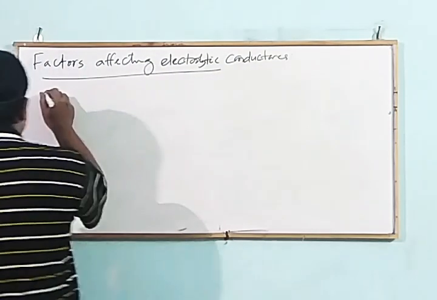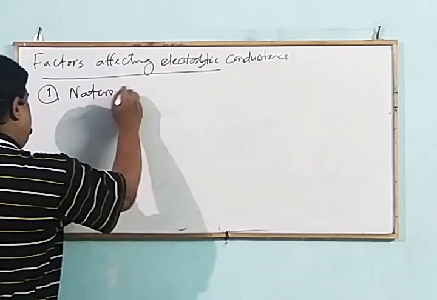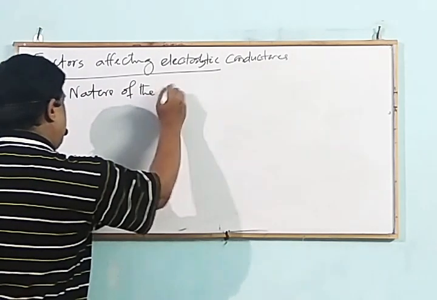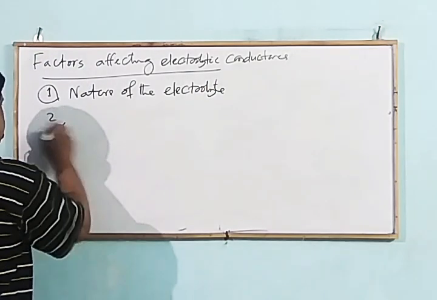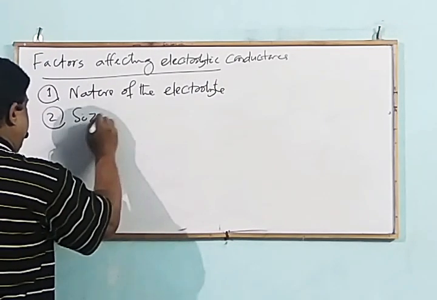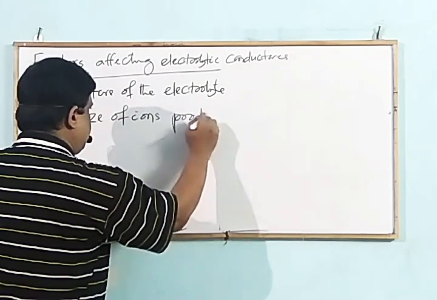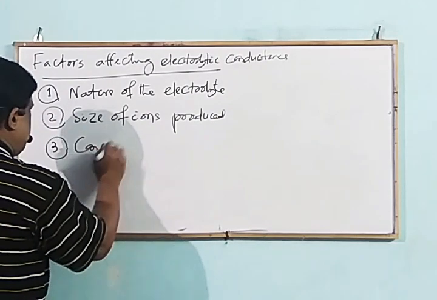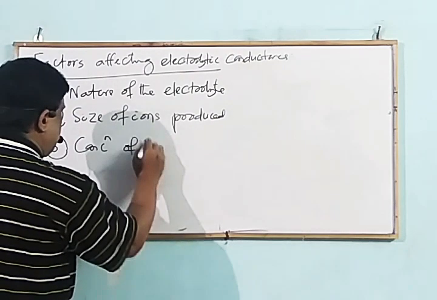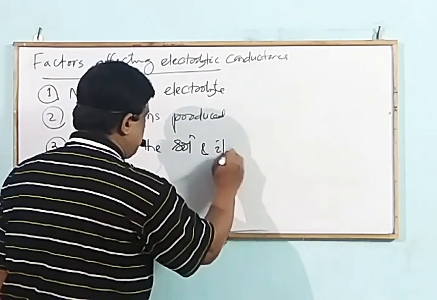Point 1 is the nature of the electrolyte. Next, size of ions produced.